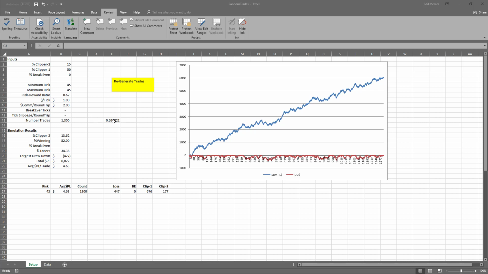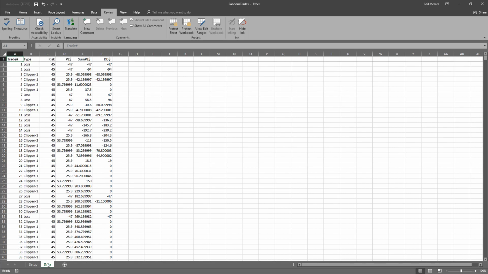And what this means, if I click on this cell here, you can see that you're getting $28 for what is considered Clipper 1. So if I go over to the data, this is calculated with the exchange rate. In other words, this was a full loss, 45 plus 2. This was a Clipper 1, which means you made basically $25.90.